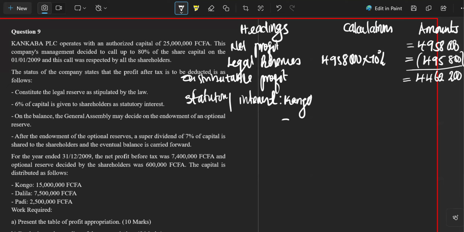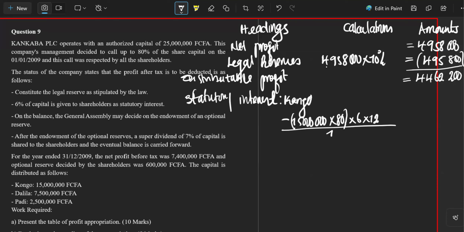He contributed 50 million, times 80%, times 6%, times 12 months, all divided by 1,200.